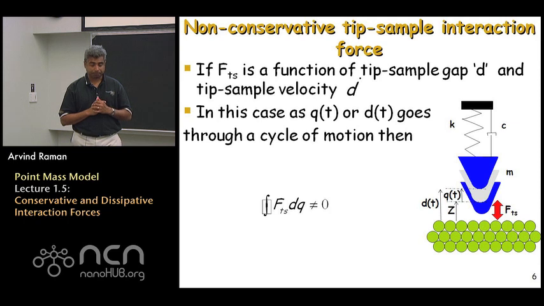It'll be non-zero, representing the work done by the force on the probe, which you can also put a negative sign on and regard as the work done by the probe on the sample.